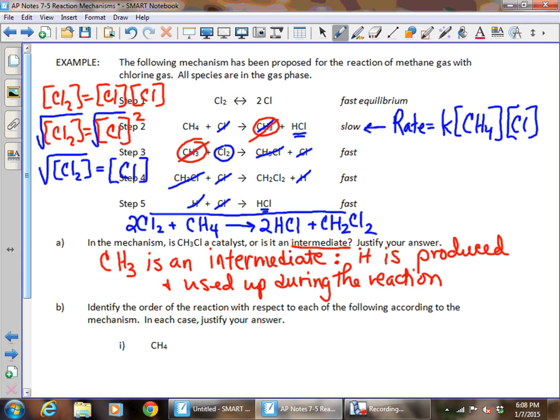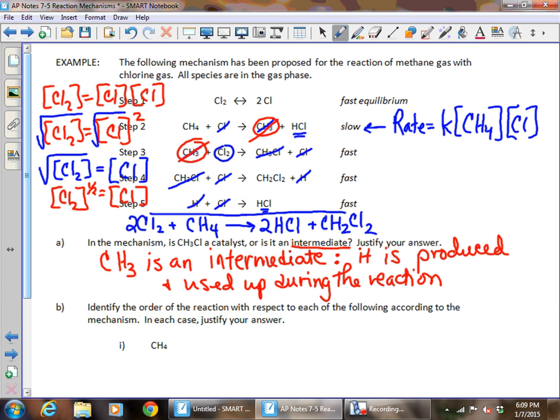Here's the problem. They won't let us use a square root symbol in a rate law. It's only exponents that we're able to use. Do you remember what the exponent symbol is for square root? Cl would be equal to Cl2 raised to the 1/2.